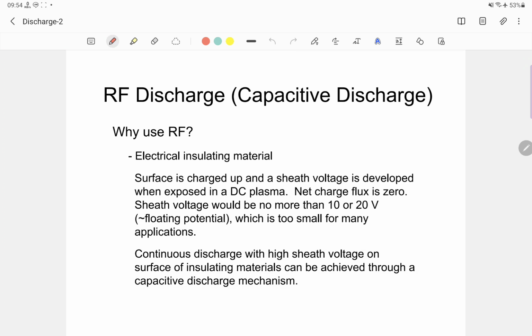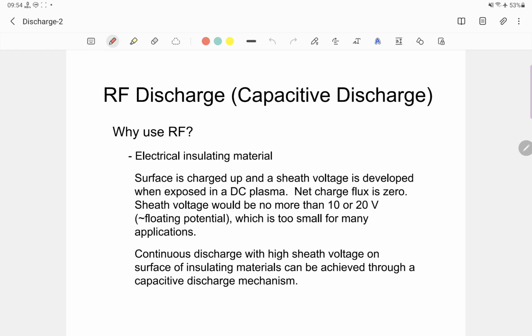Okay, the next chapter is RF discharge. In a plasma system, depending on your design, you might need an RF power supply to generate a continuous plasma.